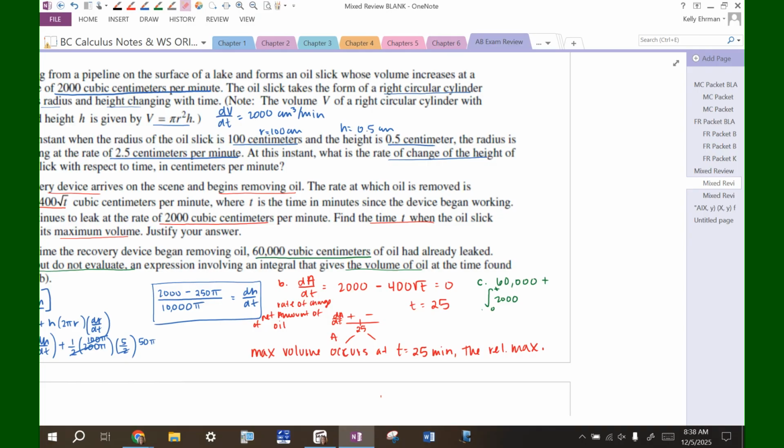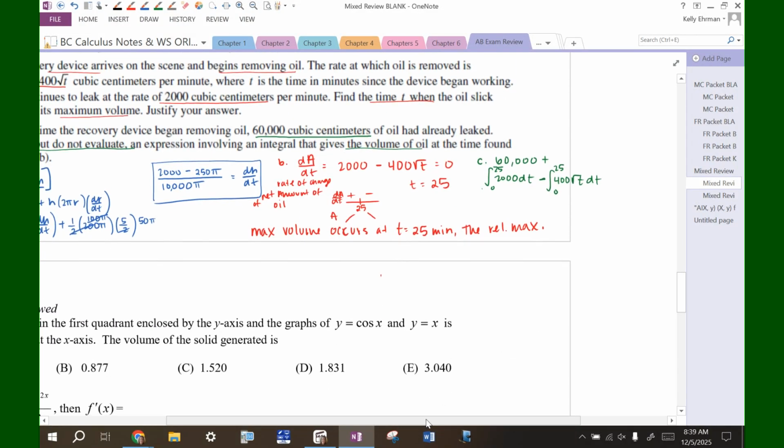At the time that we reach this max, 0 to 25 of 2,000 dt. And then we are subtracting out from 0 to 25 r of t dt, so 400 radical t dt. So we've got 60,000 coming in. We're adding to that the amount that's leaking in minus the amount that's being removed. And we don't have to evaluate that. We just leave it as it is.